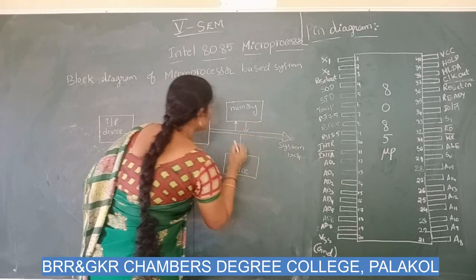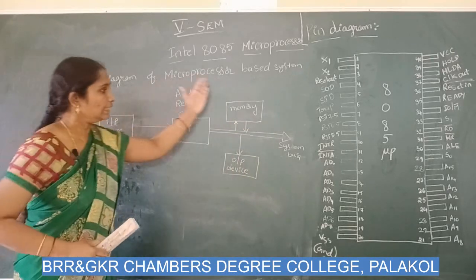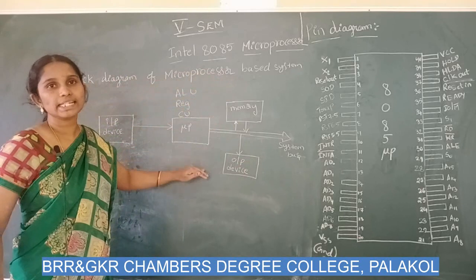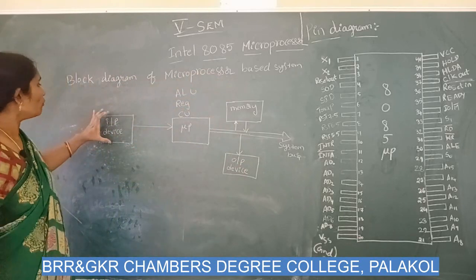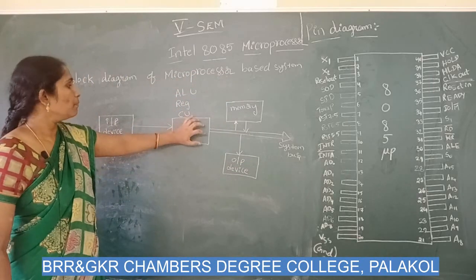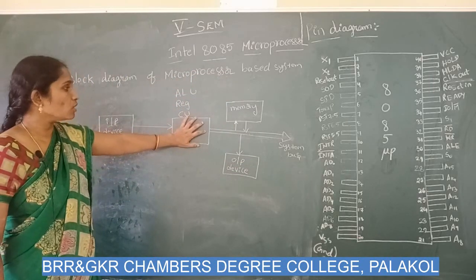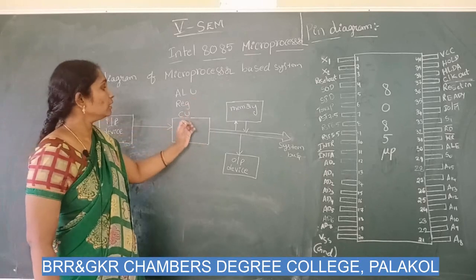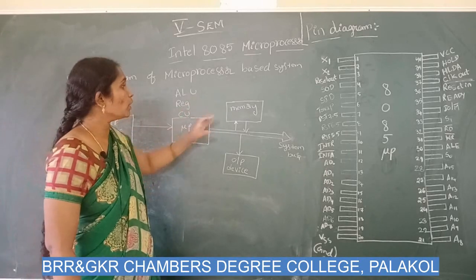Okay, so this is the complete block diagram of a microprocessor based system. Now, when we apply an input to the microprocessor, it is also called a programmable device. That means some programs are stored in the memory.